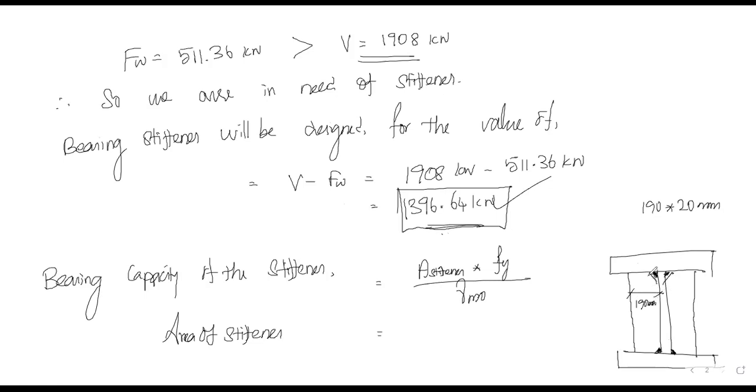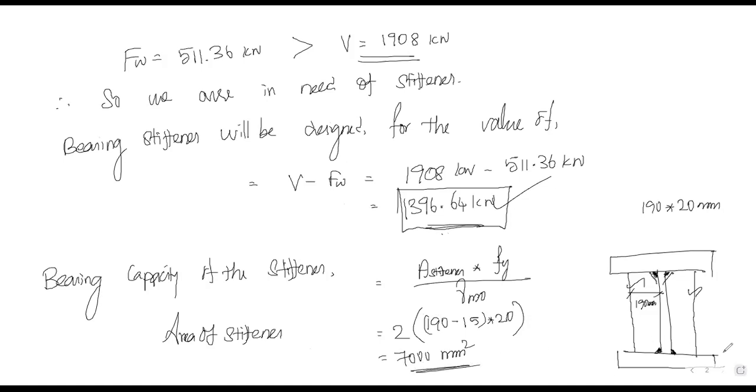So in the width I have to deduct this coping. There are two end bearing stiffeners, so 2 into (190 minus 15) into 20 mm, which is nothing but 7000 mm squared, the area of the stiffener.